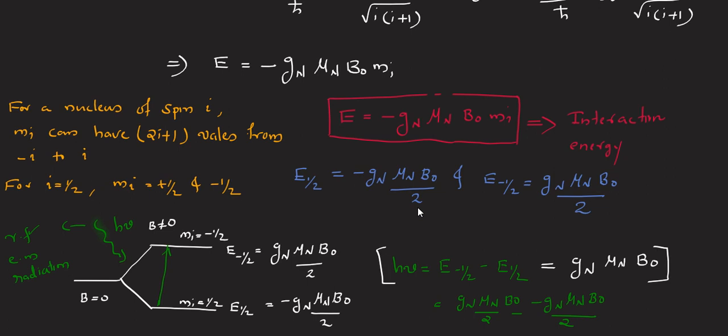Here the frequency of radiation lies in the radio frequency region of the electromagnetic spectrum, and this condition, that is h nu equal to Gn mu n B0, is called the resonance condition in NMR.